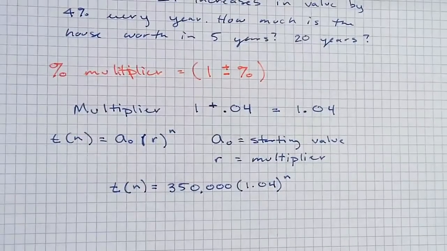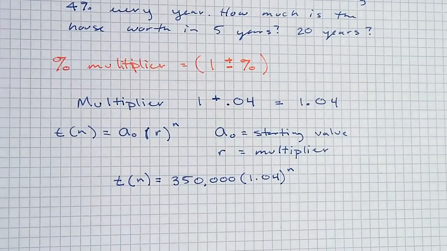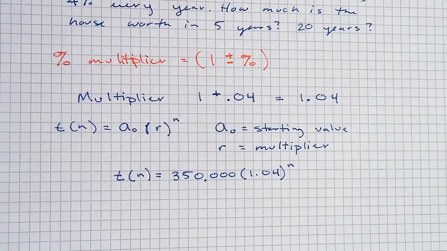If we wanted to come up with an equation to determine how much our house is going to be worth in x amount of years, our equation would be T of n equals 350,000 times 1.04 raised to the nth power.